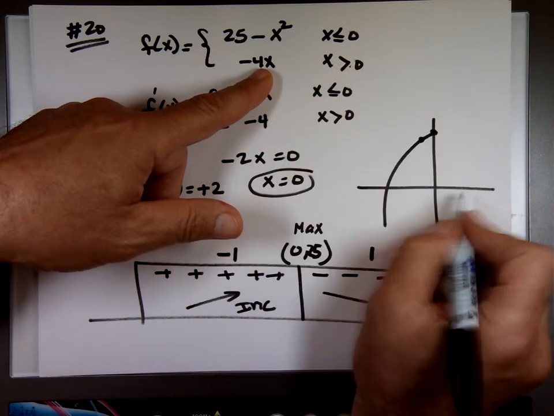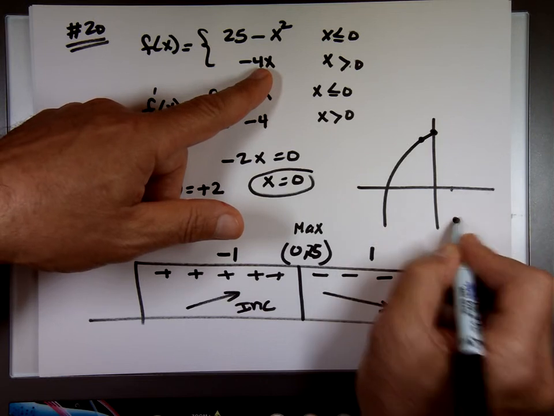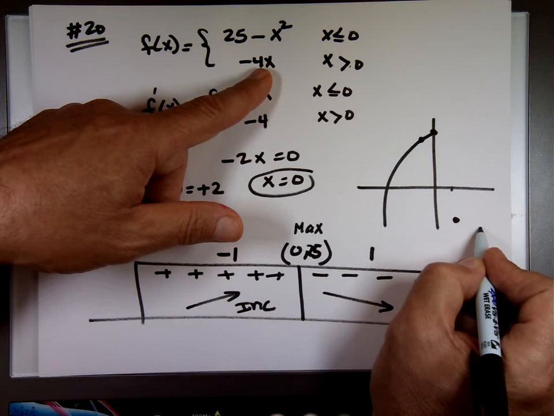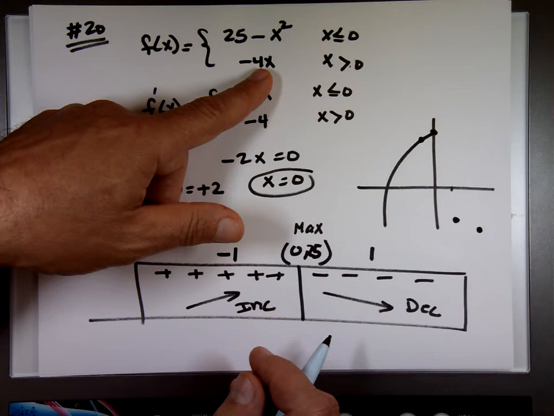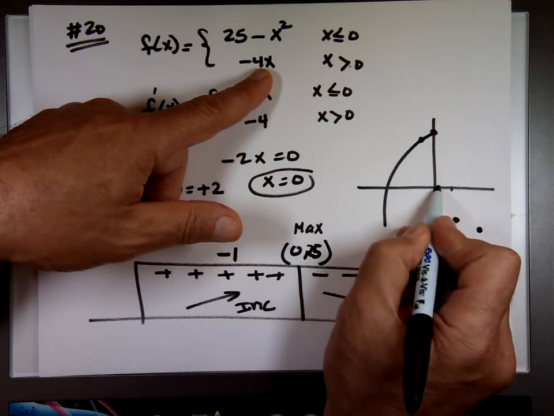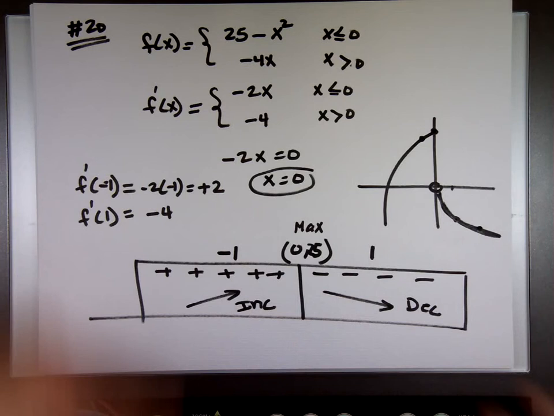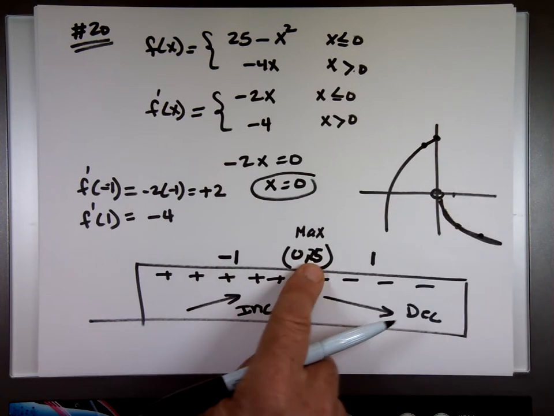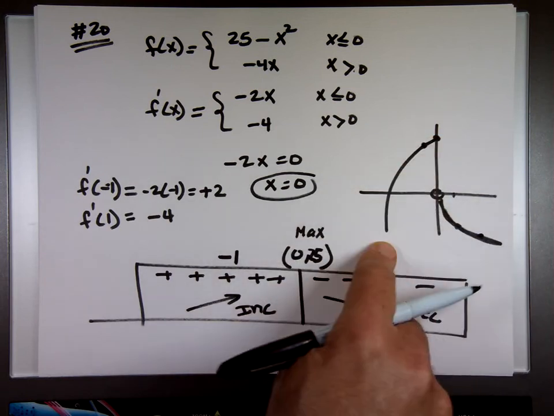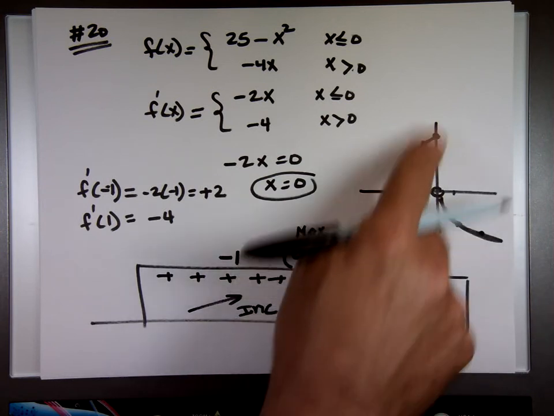When x is 1, that's a negative 4. When x is 2, that's a negative 8. It looks like this. The graph. So guess what? That point can't be a max now. It's actually a local max in this area. And I don't have a local min, but the function is not continuous there.